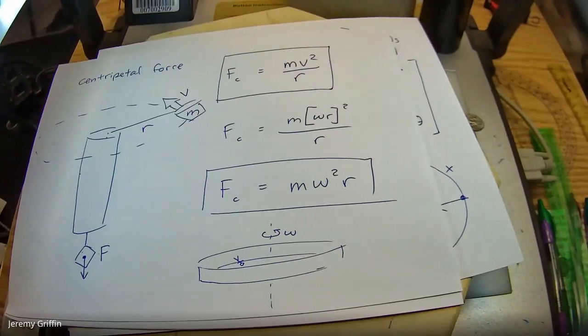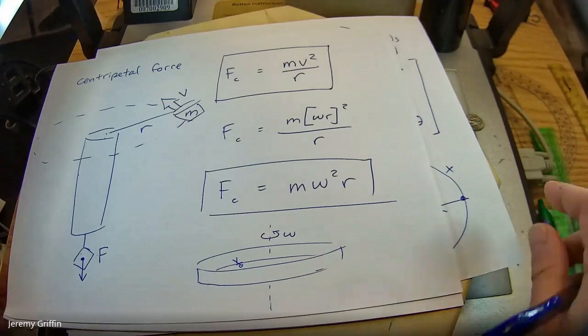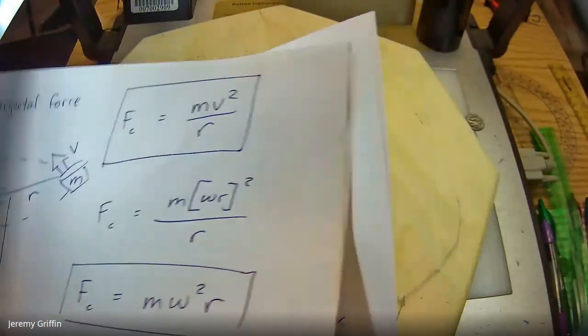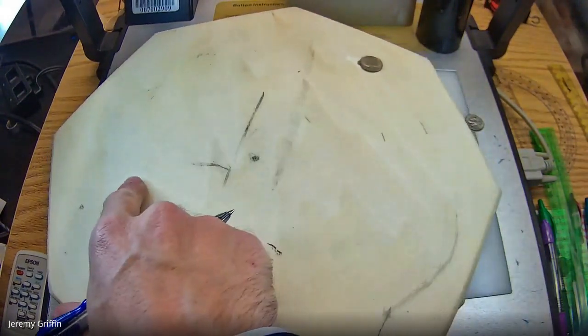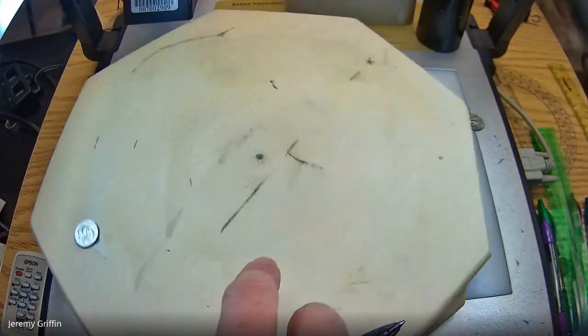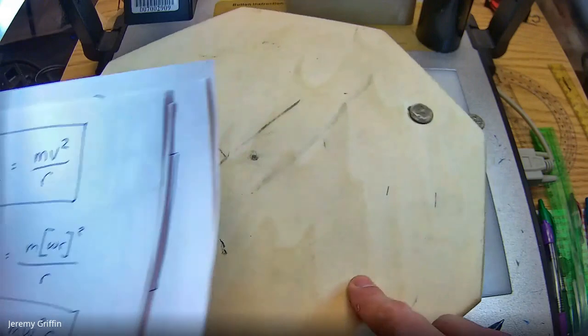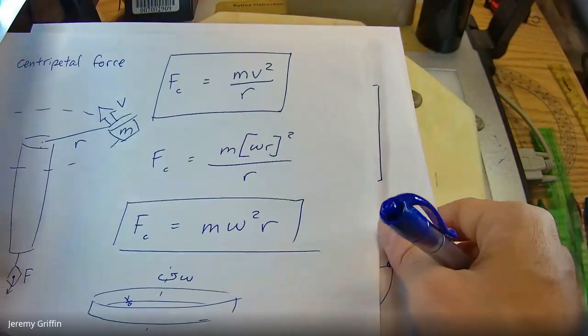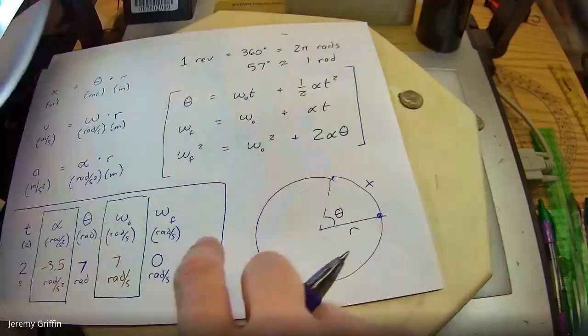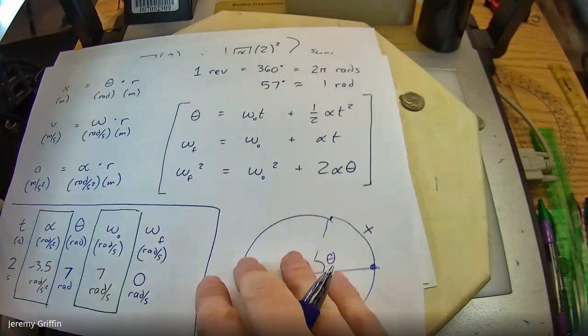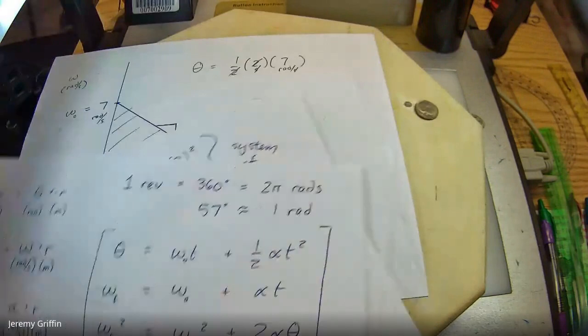So I want to talk about this coin. I wonder, what is the centripetal force? You guys told me it would be specifically provided by the friction. So what is the friction force that's holding this coin in a circle? Omega would be changing because it's slowing down.